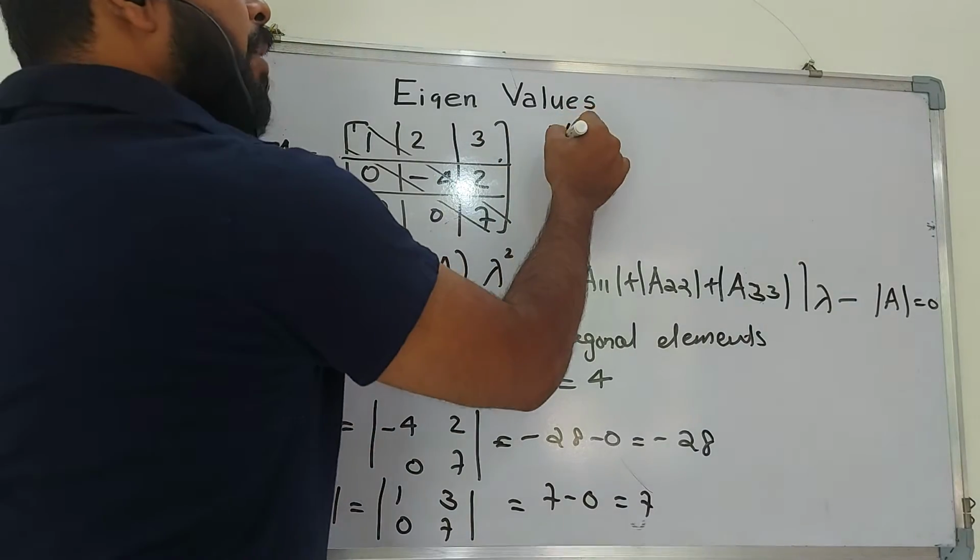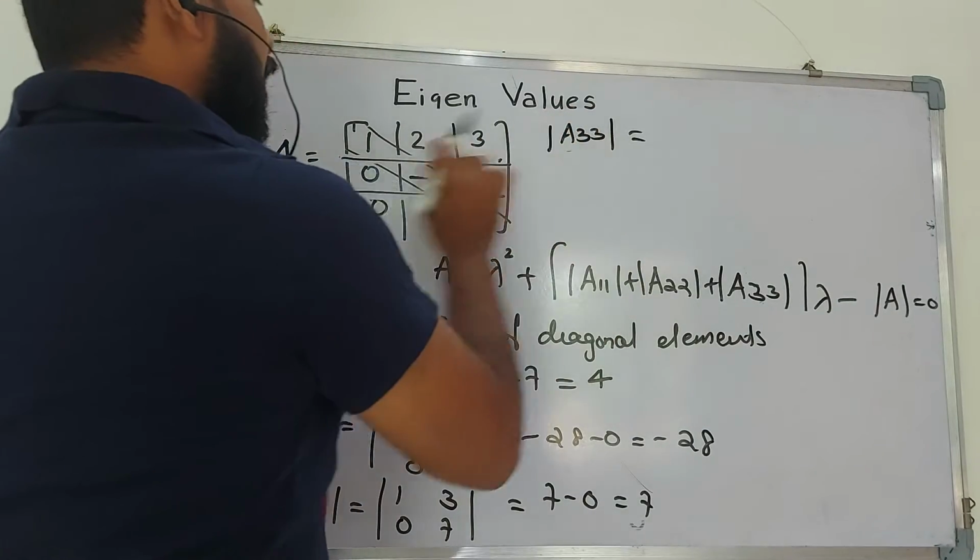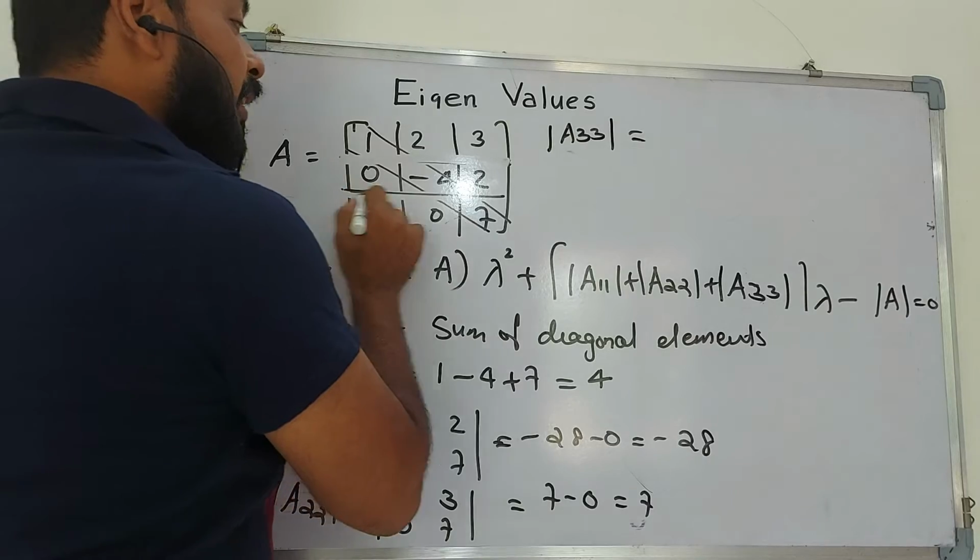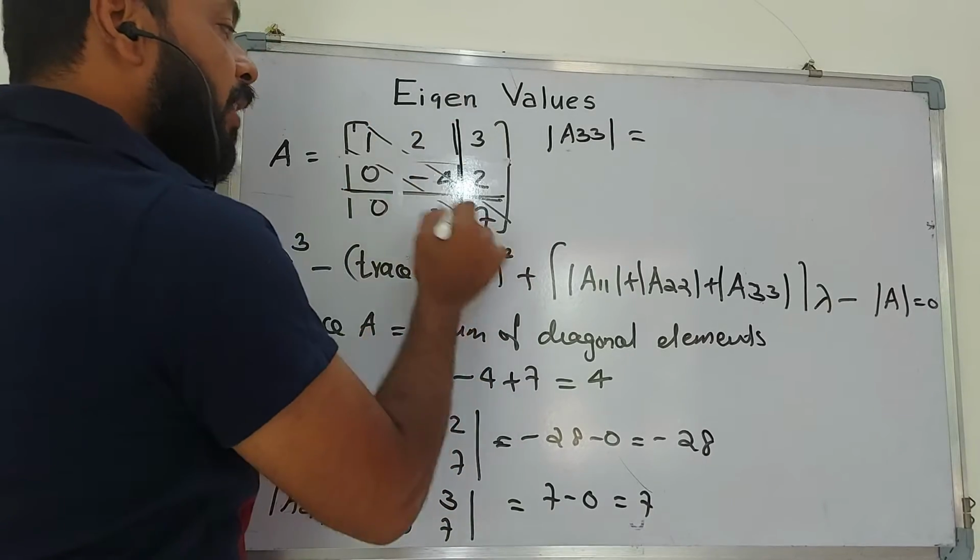Similarly, for determinant of A33, we have to delete the third row and the third column.